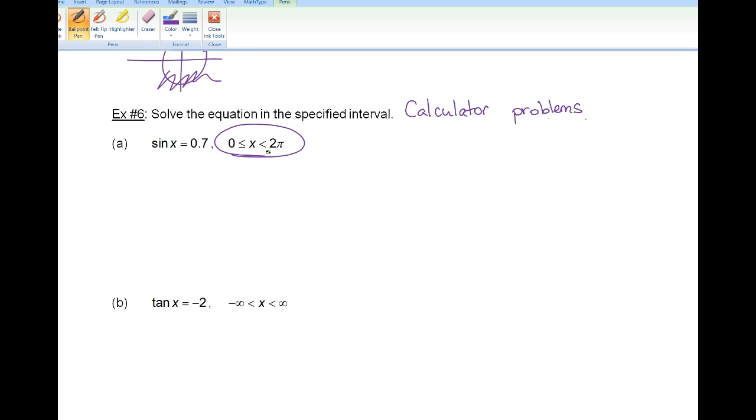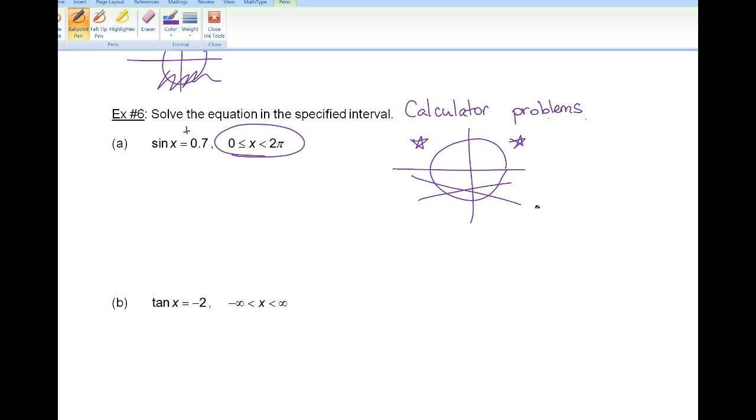Notice it says sine is equal to 0.7. That's a positive number. So imagine on the unit circle, where is sine positive? It's going to be quadrant 1 and quadrant 2, right? Because sine is the y coordinate, so we want just the top part. We basically ignore the bottom.